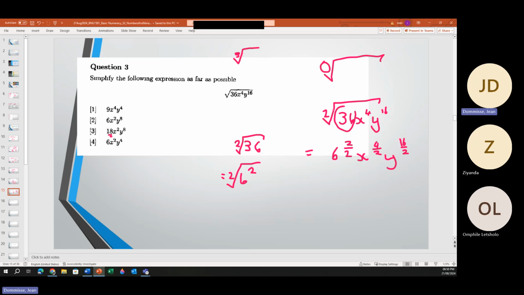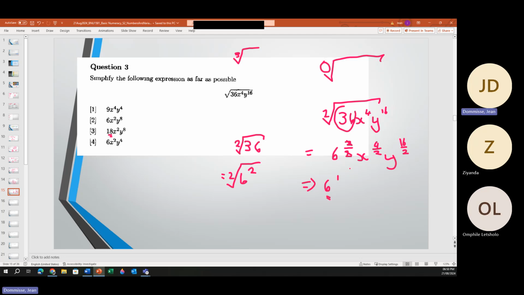And then if we want to get rid of that, it's divide by 2. Okay, so if we then look at this answer, it's 6 to the power of 2 divided by 2 is 6 to the power of 1, which is actually just 6.